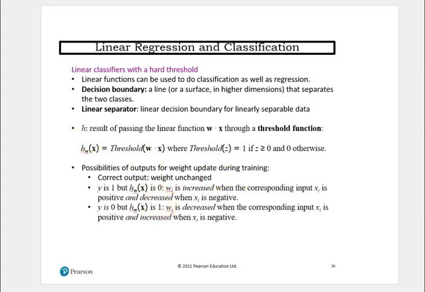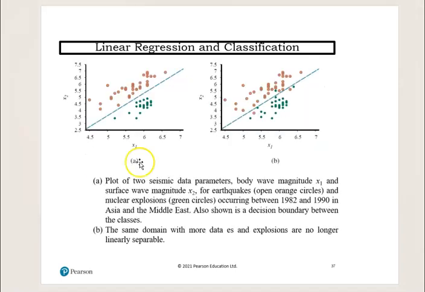So here's an example of how this would look like. In that case, for example, you see data points in red and data points in green. Okay, so we would like to find the best line that splits the data into two distinct classes.